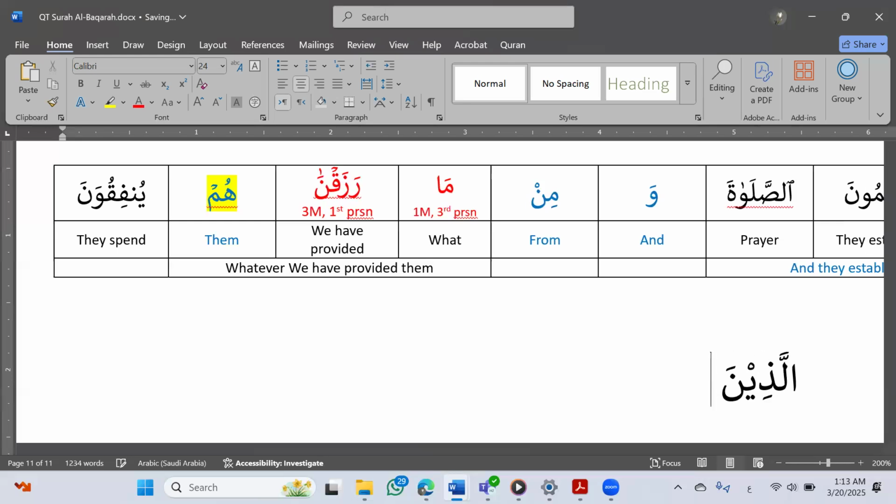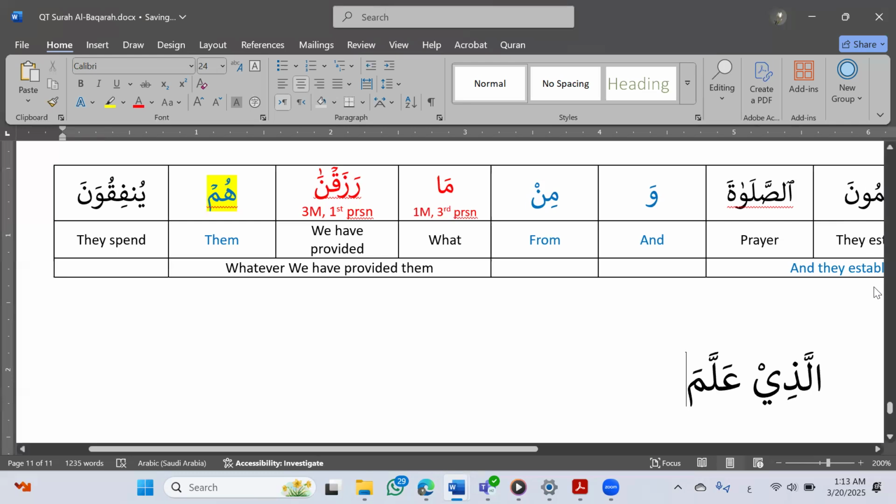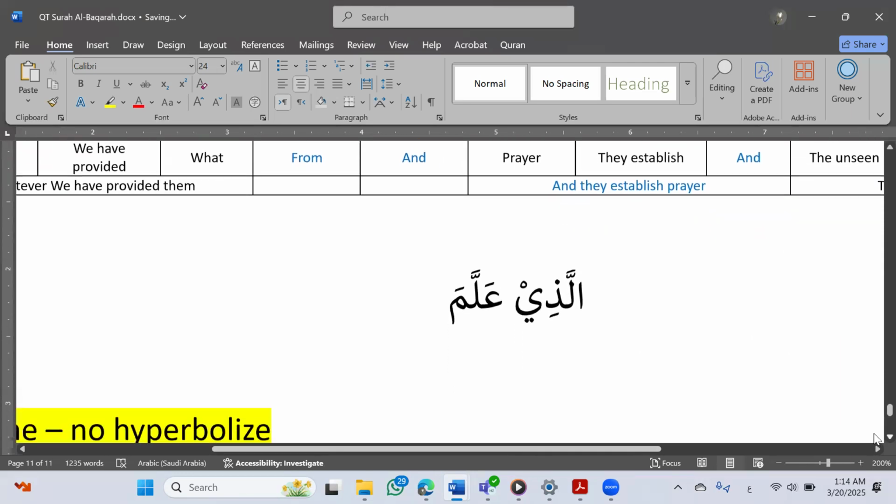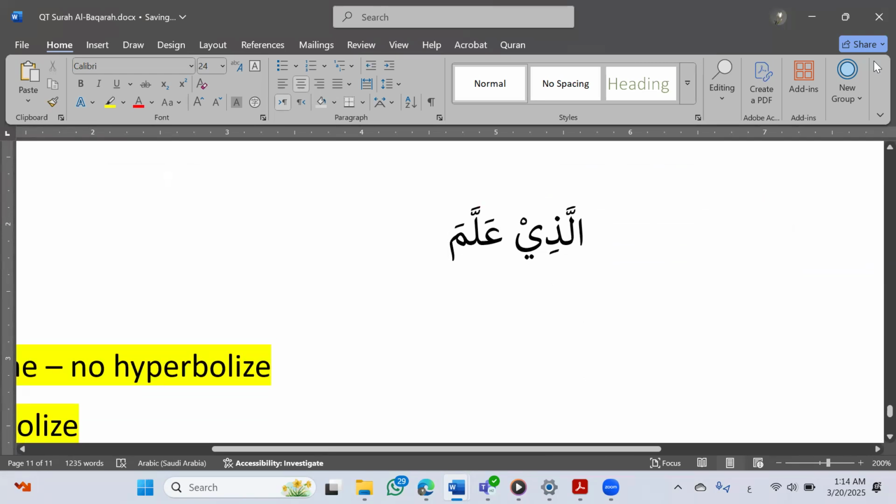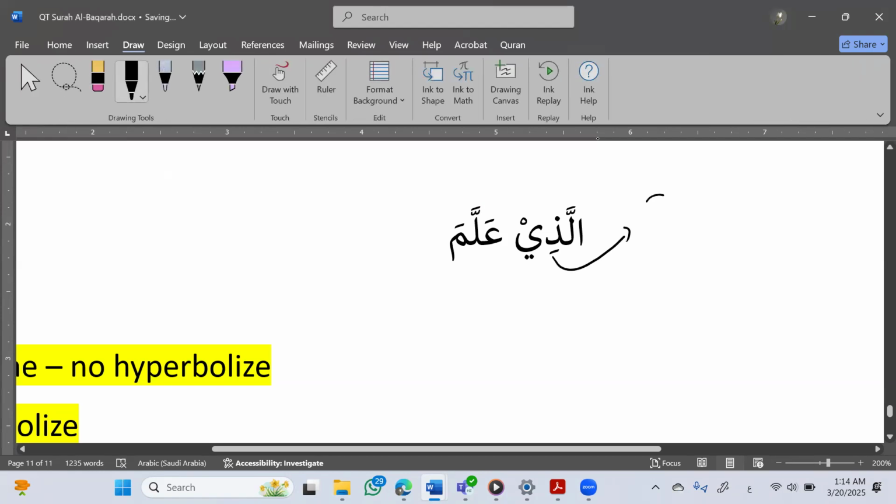So in this case, the ism is always third person, meaning it can be only huwa, huma, hum, hiya, huma, or hunna. So in alladhi, because it refers to a single person, the pronoun inside alladhi is huwa.